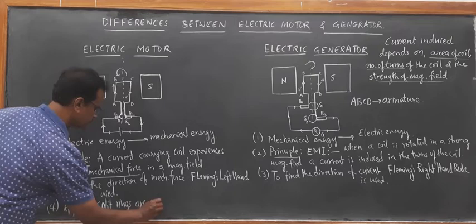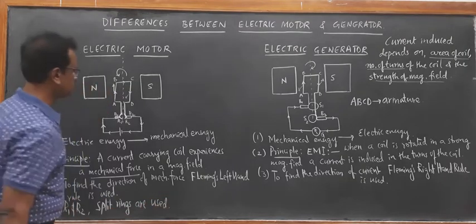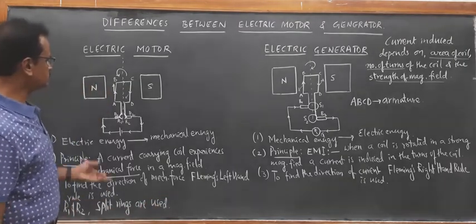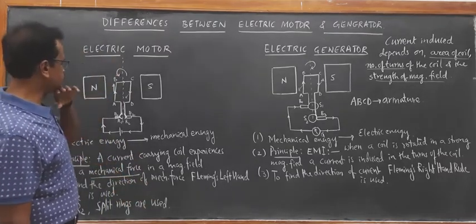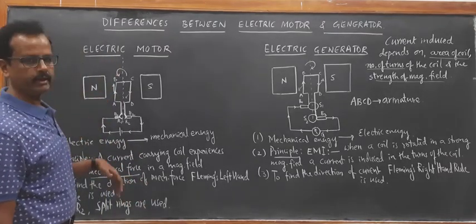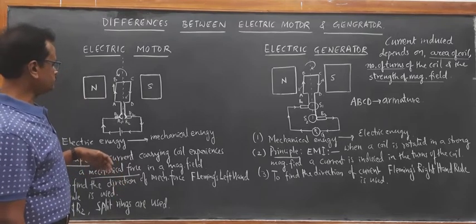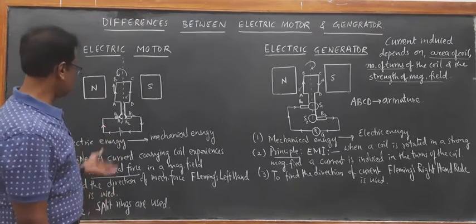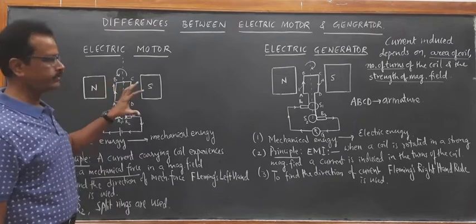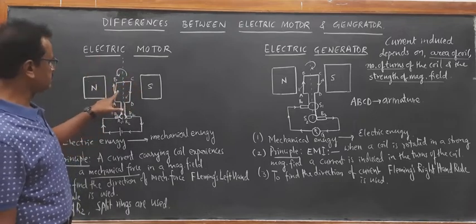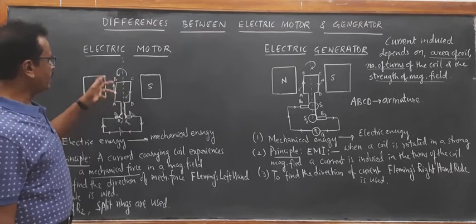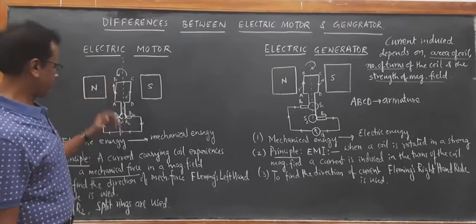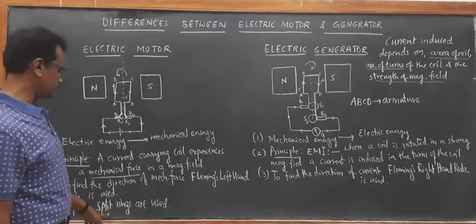Split rings are used in order to change the direction of current in the coil, so that the coil rotates always in one particular sense. In this example, the coil is rotating in the anti-clockwise sense.